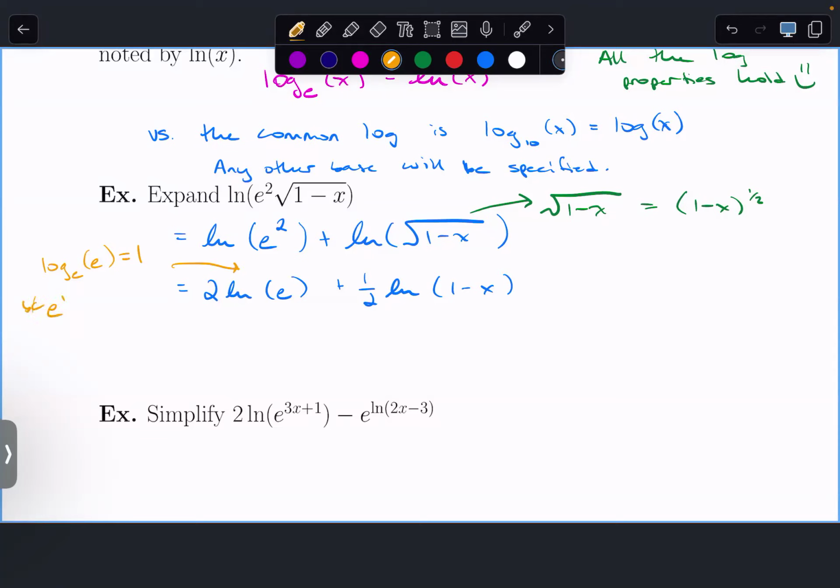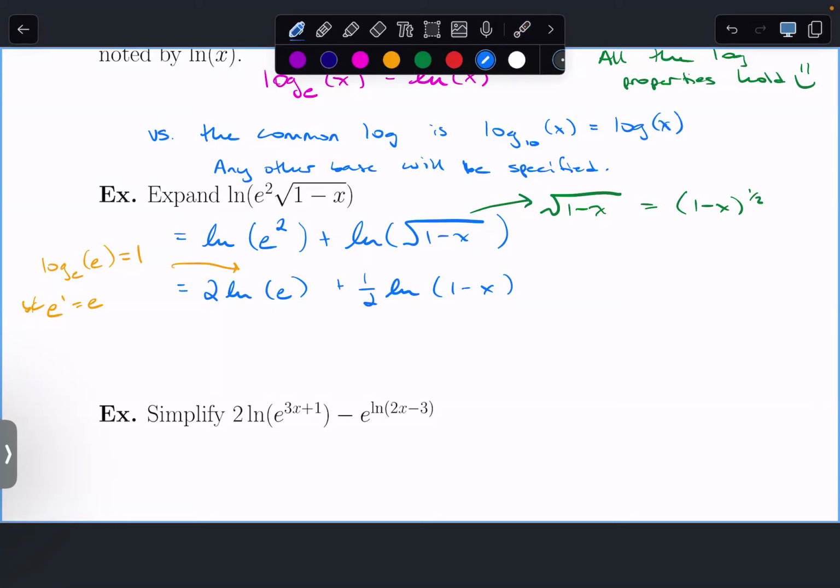Because e to the power of 1 is equal to e. Right? We use that kind of chain link. e to the power of 1 is equal to e. Or you can just remember that if you have the base of the log and the same value inside, that's how you cancel the logs. You kind of get rid of the logs that way. So the natural log of e is just 1.